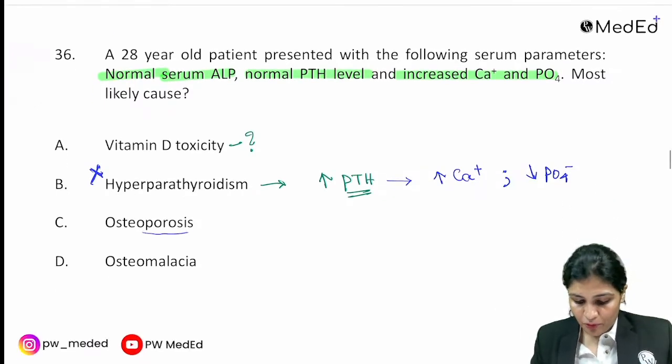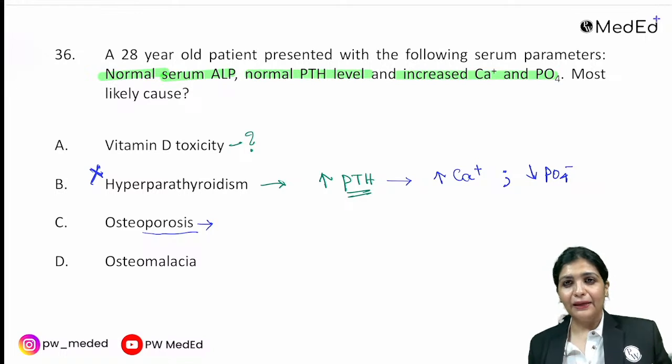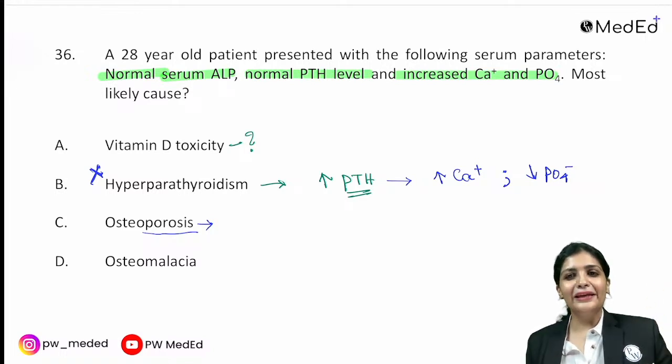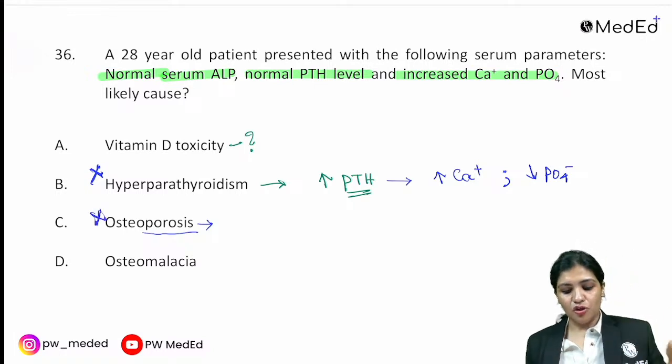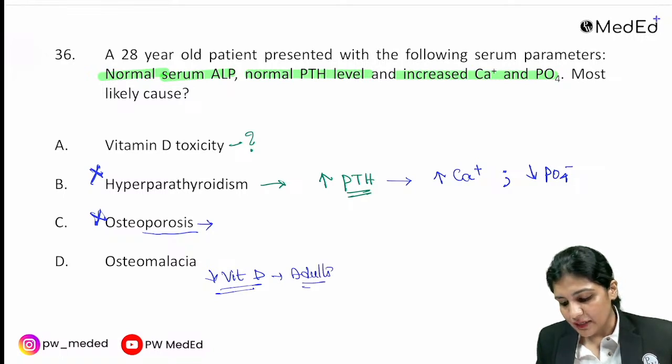Then osteoporosis. In osteoporosis there will be normal parathormone, normal ALP, and normal or decreased calcium, but not increased calcium, right? So this is also not the answer. Then osteomalacia. Osteomalacia is a decreased vitamin D in adults; in children it is rickets.